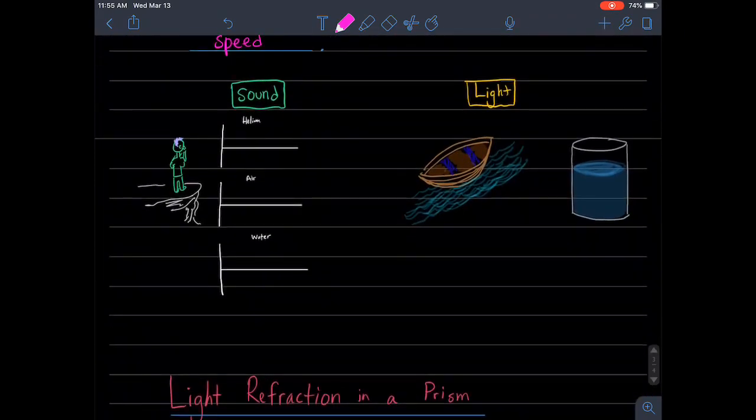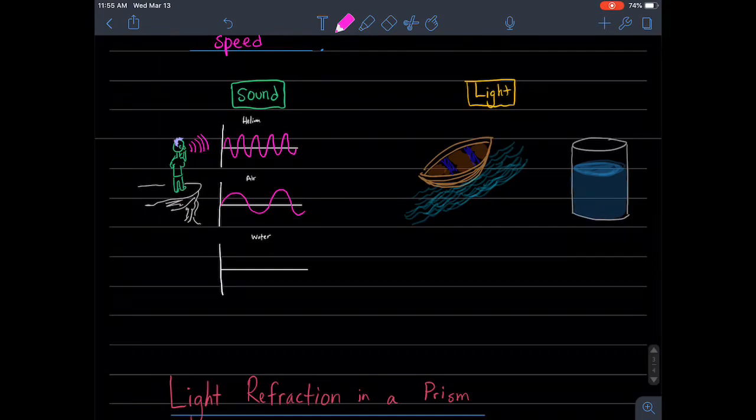Okay, so we've got our yodeler here, yodeling out into the air. And so we'll say they have a certain wavelength or a pitch. Well, if they were to yell through a helium medium, then their pitch would be changed. They would use the same effort, but their pitch would come out differently.